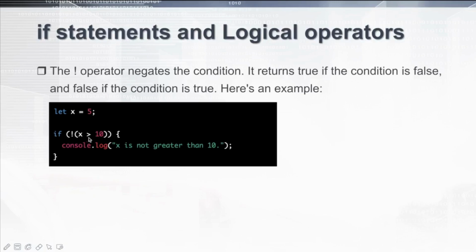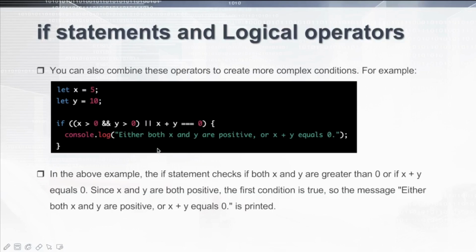So you have to enclose this in brackets like this: not (x is greater than 10). In essence, you are saying if x is not greater than 10, then this will get printed.